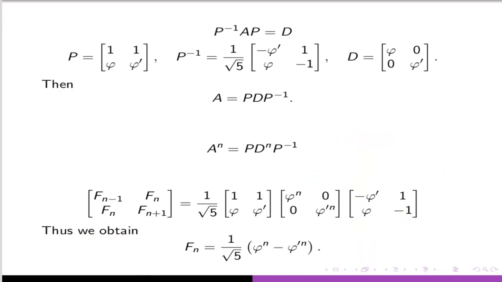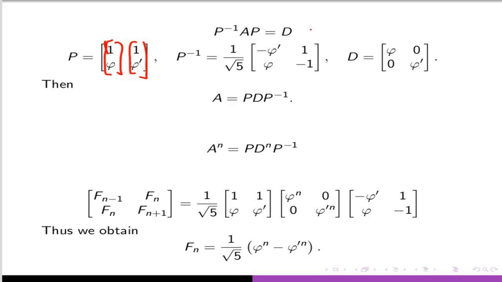Okay, then we have P inverse A P is this diagonal matrix. I put the eigenvectors into these columns, (1, phi) and (1, phi prime). For the inverse, I again use the formula for the inverse of a 2 by 2 matrix: 1 over the determinant, put the opposites on the diagonal and put these right here. The determinant is minus root 5, and that's why the negative signs are coming in here.